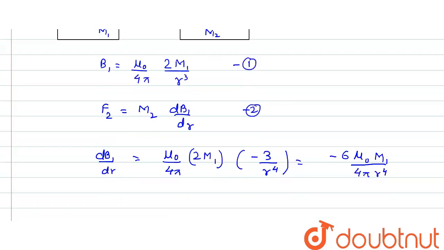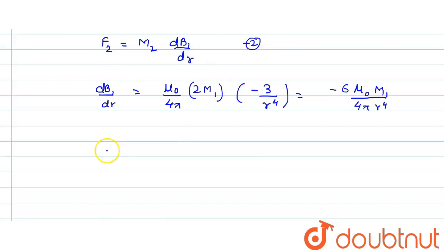This is the value of dB1 by dr. Multiplying with m2, the force F2 is minus 6 mu naught m1 m2 divided by 4 pi r to the power 4.